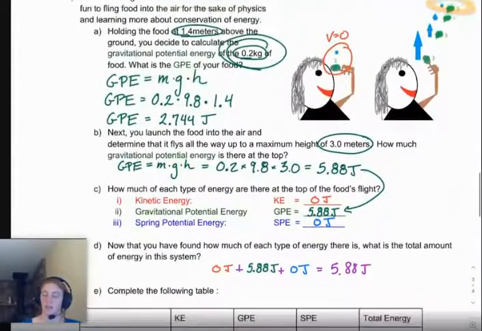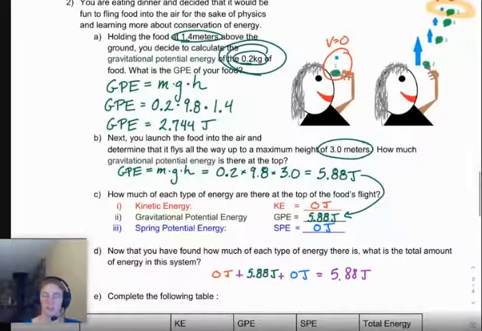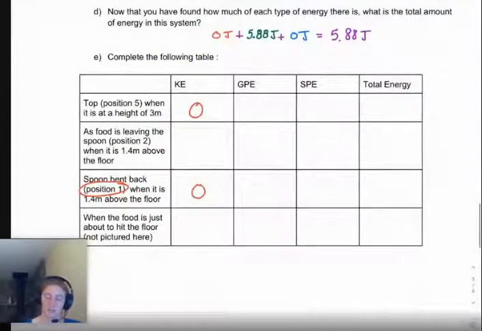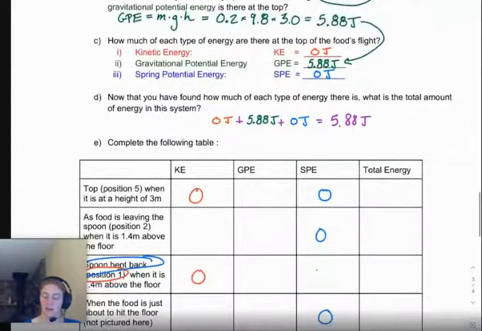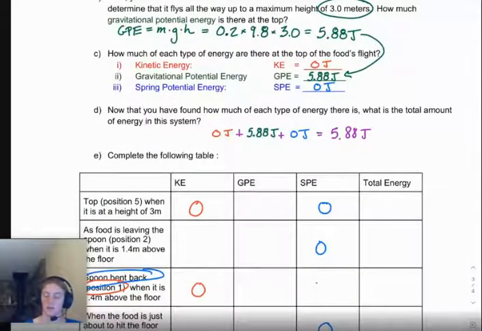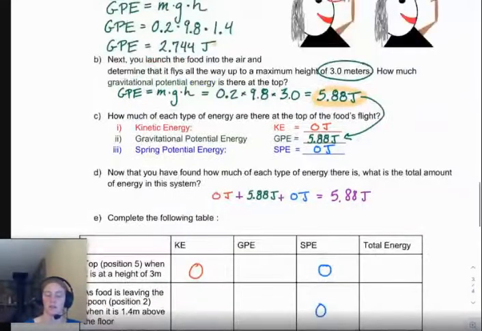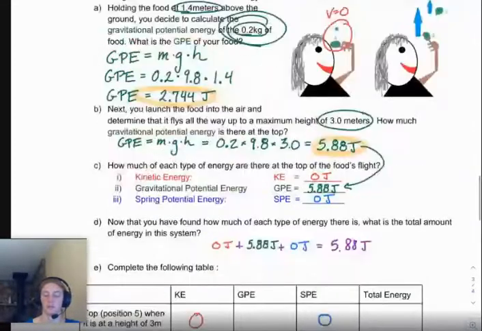Well, the only time that I'm going to have spring potential energy is when my spoon is bent backwards. So the only time that my spoon is bent backwards is here. So that one's not 0, but all the rest of these spring potential energies will be equal to 0. And last but not least, I have my positions calculated for my gravitational potential energy. I have my gravitational potential energy at 3 meters and my gravitational potential energy at 1.4 meters.